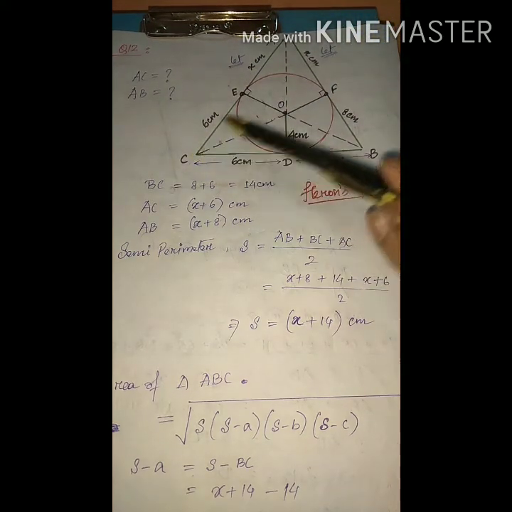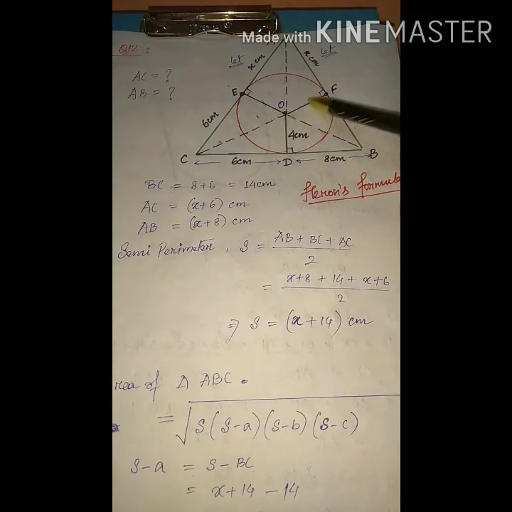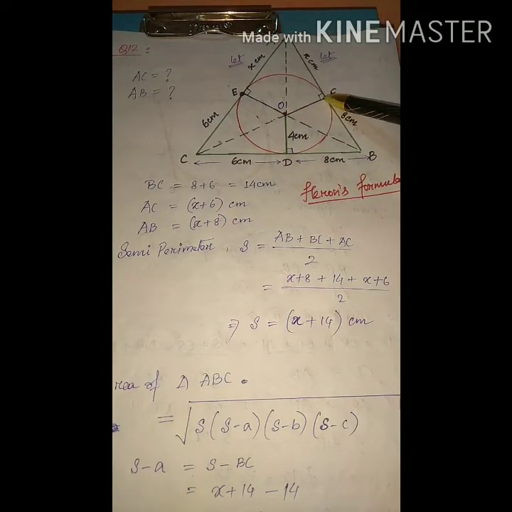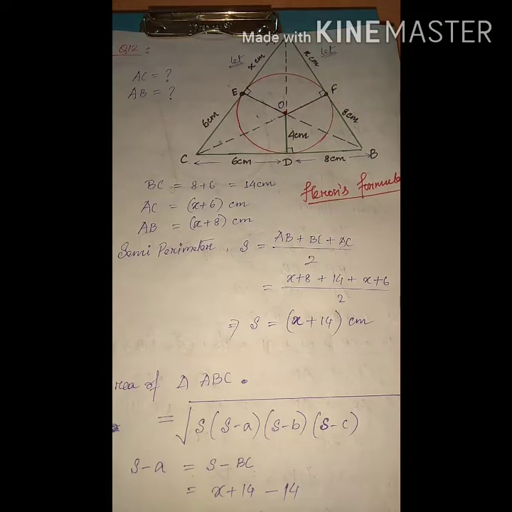When we join C to O and extend the line, it touches AB at one place, which is F, and this angle is 90 degrees. So F is the point of contact. Similarly, if we extend BO, it touches the point E, which is a point of contact. Is it clear? These dotted parts are our construction part. We have to draw them on our own. This is not given in your question.